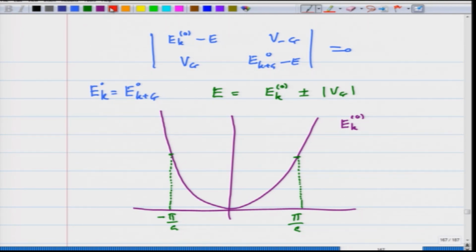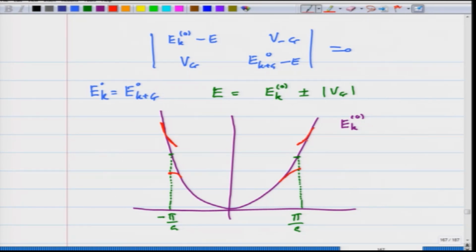What happens instead is that this energy starts deviating and goes low. This energy starts deviating and goes low. Whatever I have done here for k, it applies equally well to k equals pi by a or k equals minus pi by a, taking appropriate g. And the other eigenvalue opens from the top, and this energy becomes like this. Other places it is not affected.